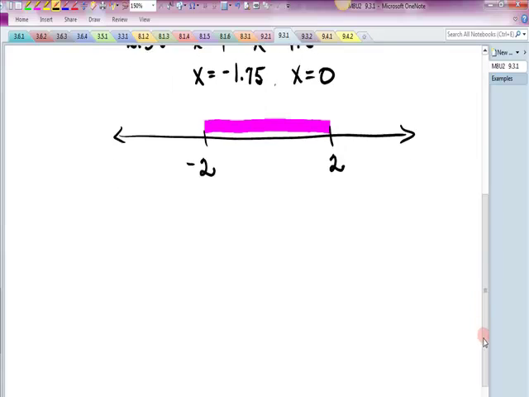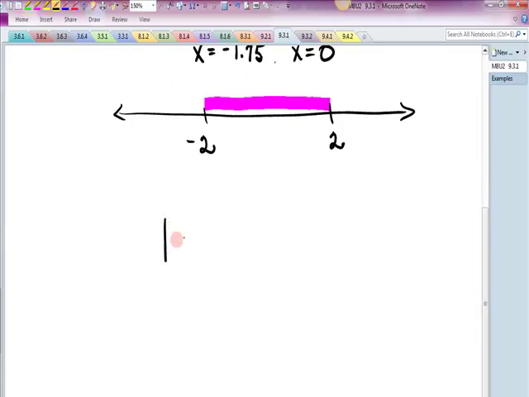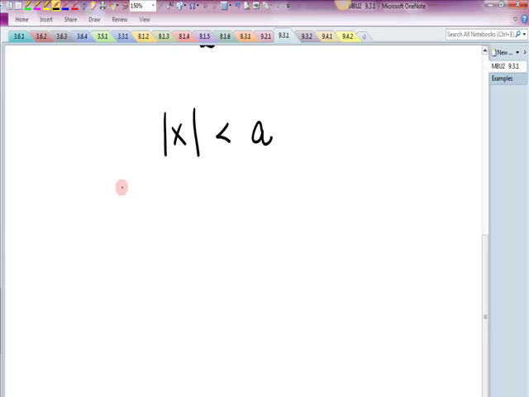A way to say that is the following. If the absolute value of any expression in terms of x is less than some constant number that I'm going to call a, then on a number line, x will be between negative a and positive a.